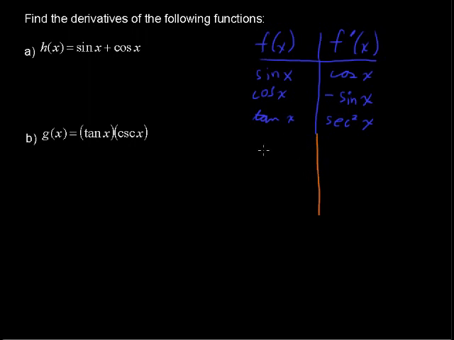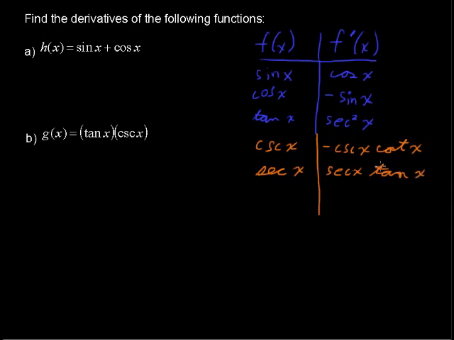Now, to the reciprocal functions, that is 1 over sine of x is cosecant x. So the derivative of cosecant x is negative cosecant x cotangent x. And the derivative of secant x, again, secant x is 1 over cosine of x, is secant of x tangent of x.